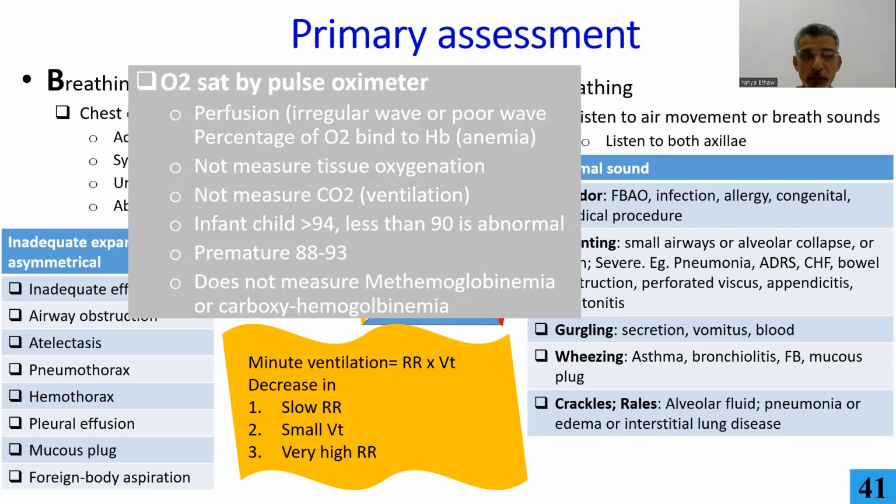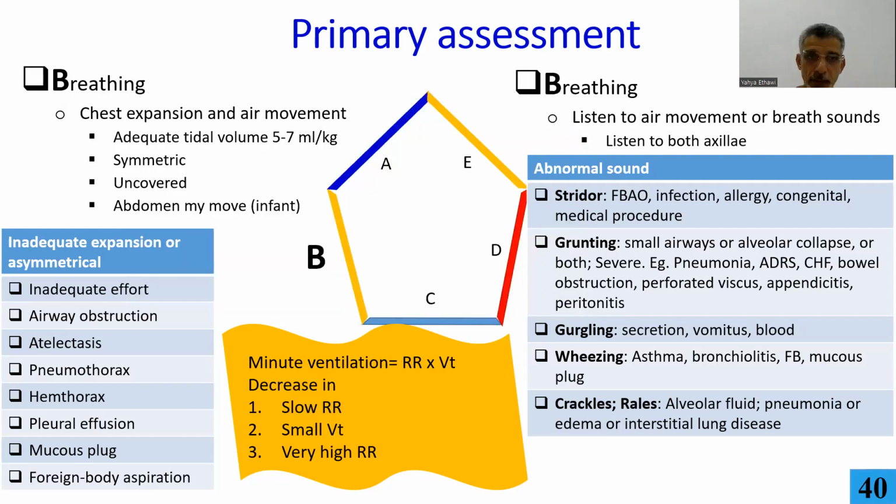Okay, and then we said for breathing, if you remember, we assess expansion, we assess symmetry, we assess work of breathing, we assess respiratory rate, we assess tidal volume, and so on.